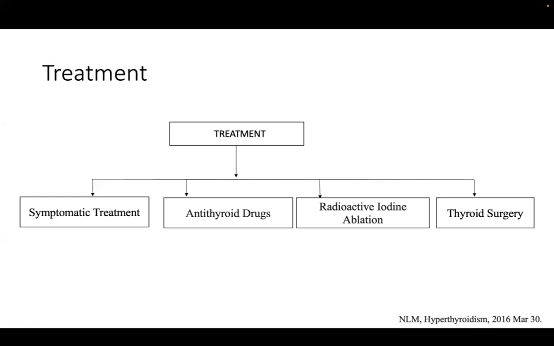In addition, we also look at the side effects of these thionamide group of drugs, which include hypersensitivity, which could cause a pruritic rash. Then there can be features of arthralgia as well, and hematological side effects. One of the most important, which is rare but dangerous, is agranulocytosis, and there can be aplastic anemia as well.